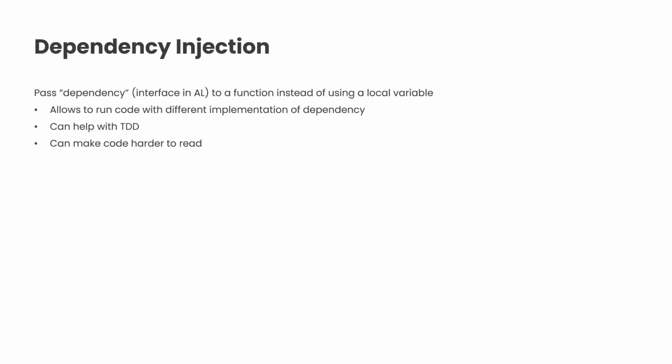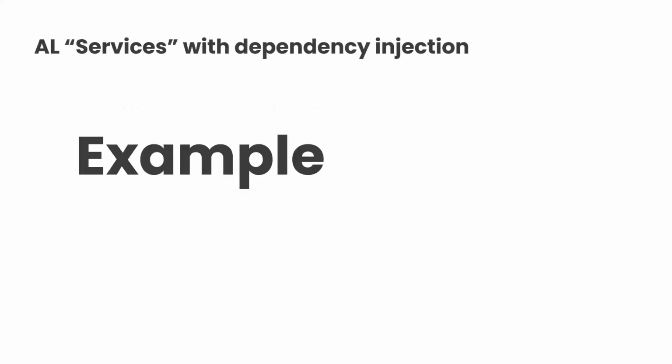It can help us with test-driven development, where we can pass to our services some other fake services for testing to make our tests faster. But the disadvantage of it is that it could be harder to read, because suddenly we have a lot of interfaces, not the real code units that have some logic inside.